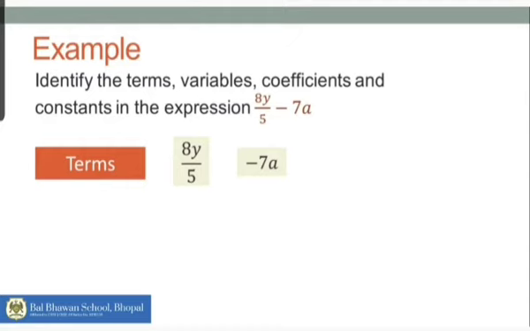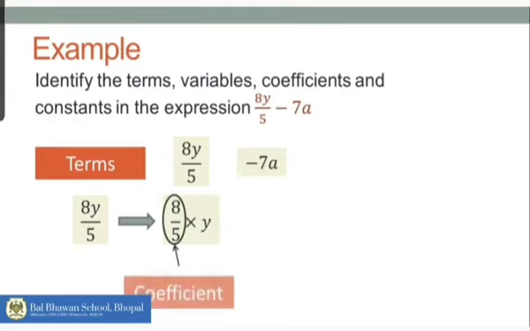The next thing we need to find over here is the variables. As I told you, any term which has any English alphabet, say x, y, z or a, p, whatever, we call it a variable. So the terms holding those variables are known as variable terms. Here, 8y/5 is nothing but 8/5 into y, correct?